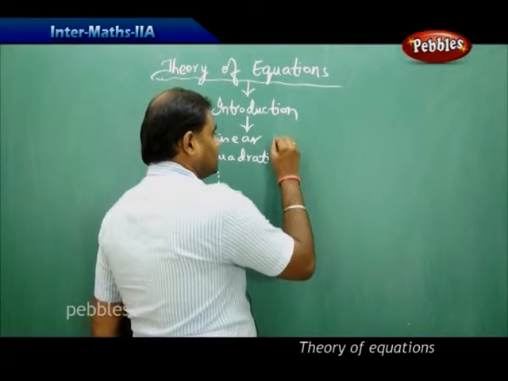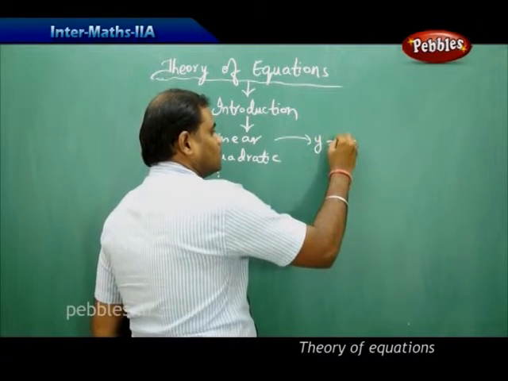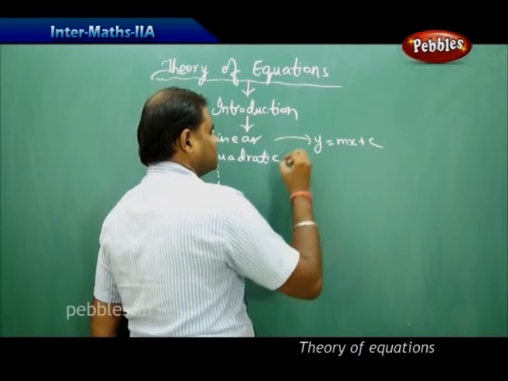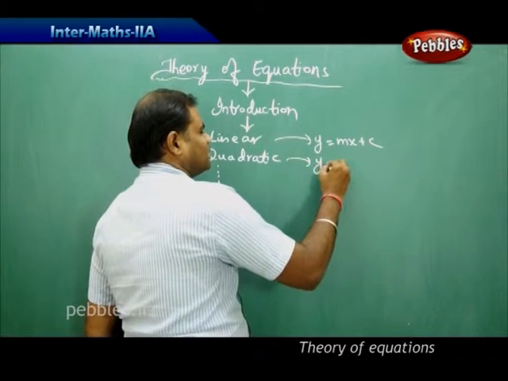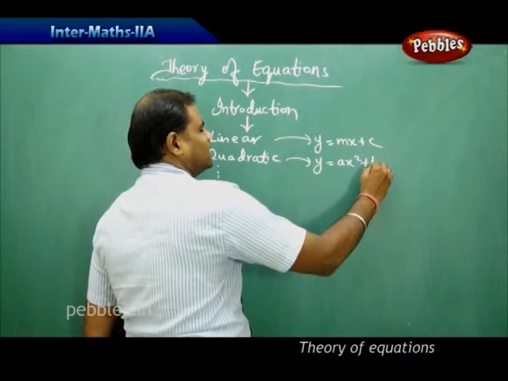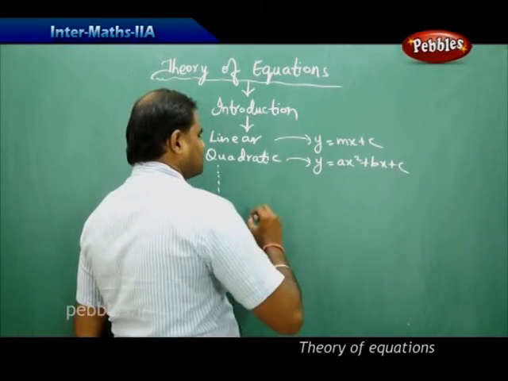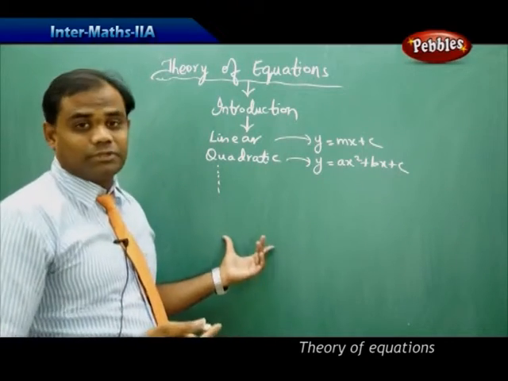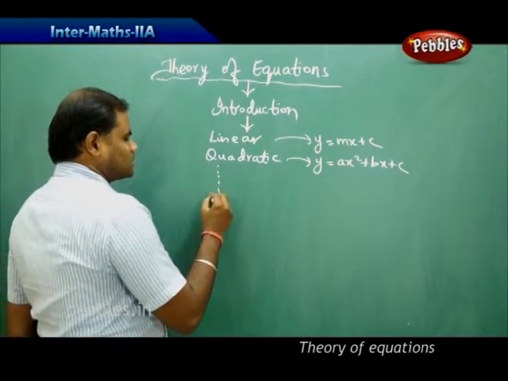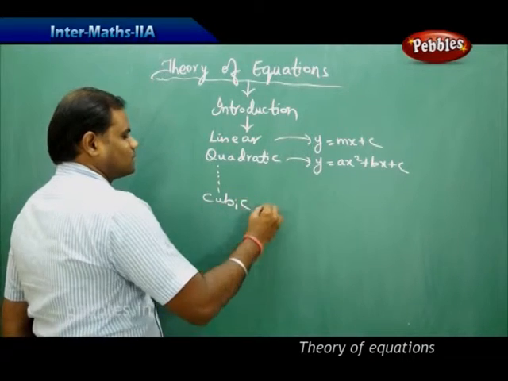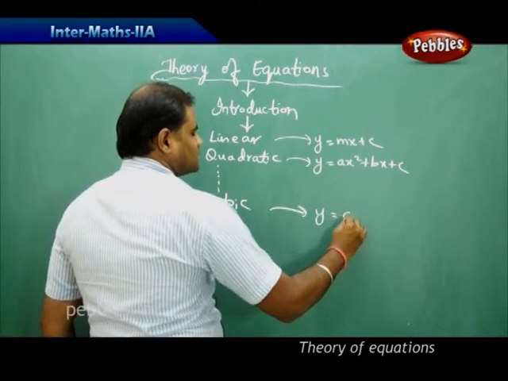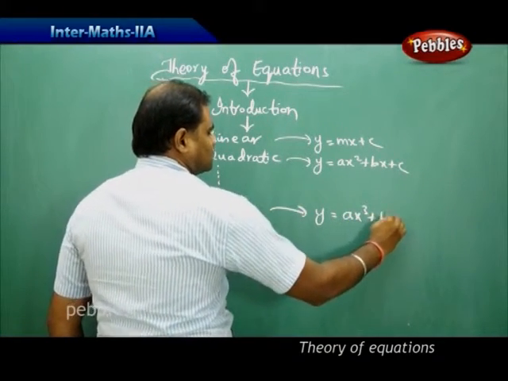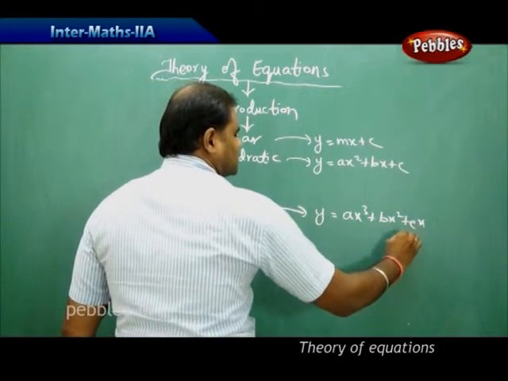Say for example, if my linear equation is y equals mx plus c, my quadratic is y equals ax squared plus bx plus c, and the next in order, the cubic, is in the form ax cubed plus bx squared plus cx plus d.